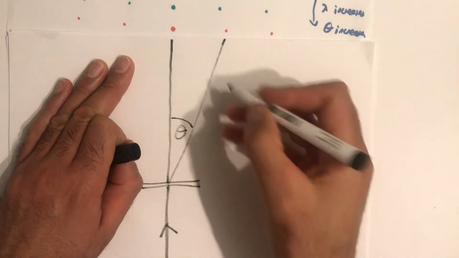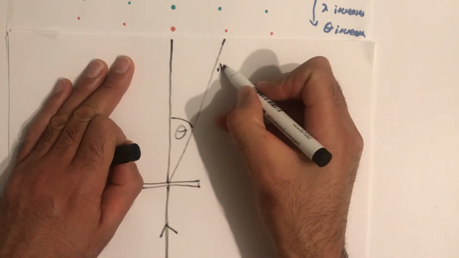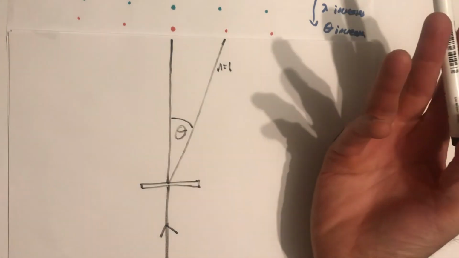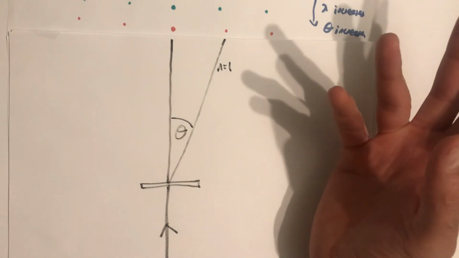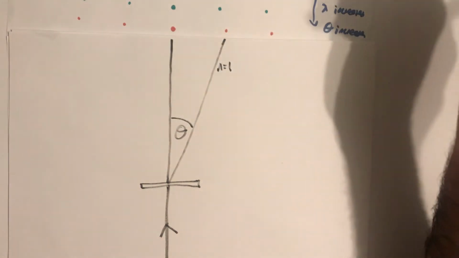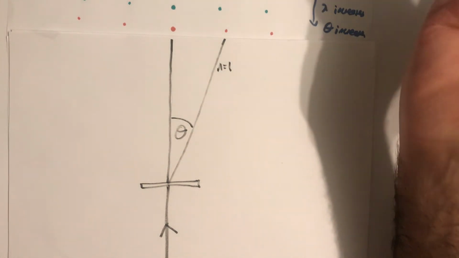So that's the theta for our n equals 1 line. Now, if you do it with a laser, you get spots. If you do it with another light source, like one of those gas discharge lamps we've got, and the beam from the lamp comes through a slit, you get lines.